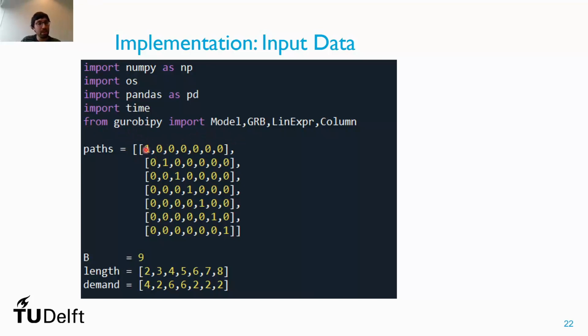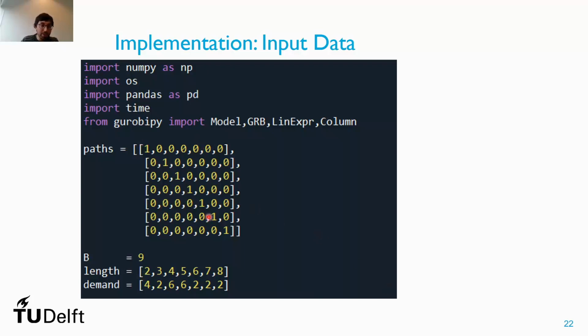This number here is the number of times a piece of a certain length appears in my path, and these are the lengths: 2, 3, 4, 5, 6, 7, 8. So a path 1, 0, 0, 0, 0, 0, 0 means a path with one item of length 2, the first element here, and then all zeros otherwise.